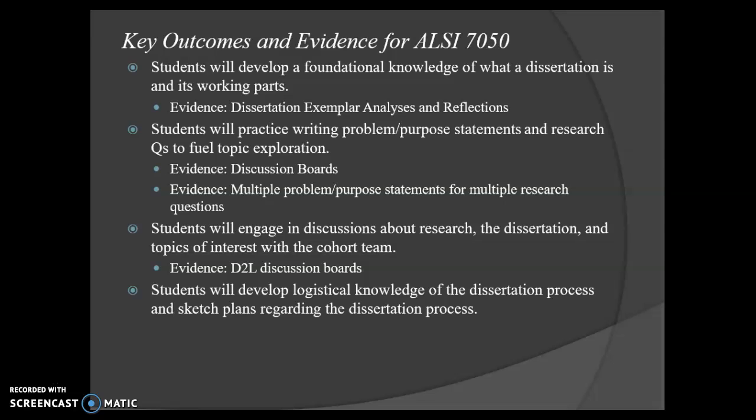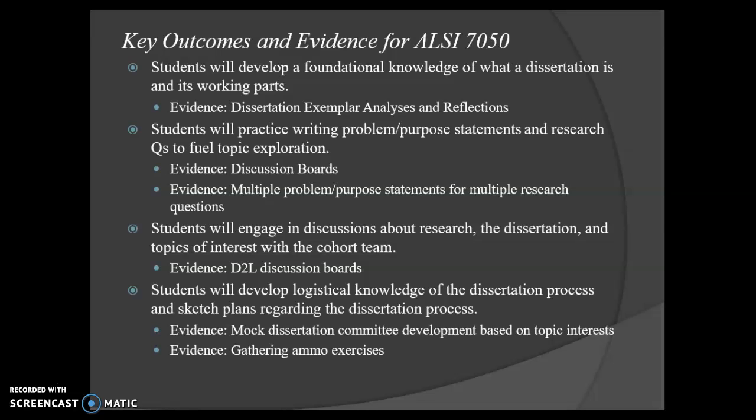And finally, we have students developing logistical knowledge of the dissertation process and sketching plans regarding it. This is important because there are so many different layers, such as developing a committee, which is a chair and readers who help you through the process based on your area of interest.